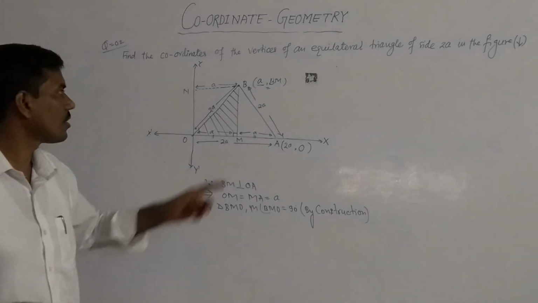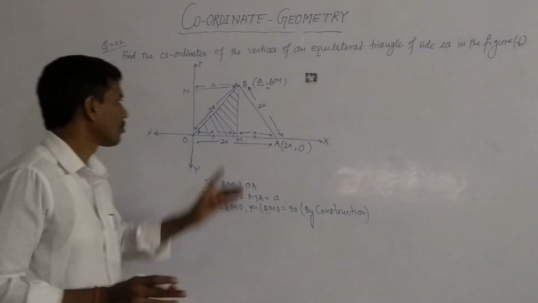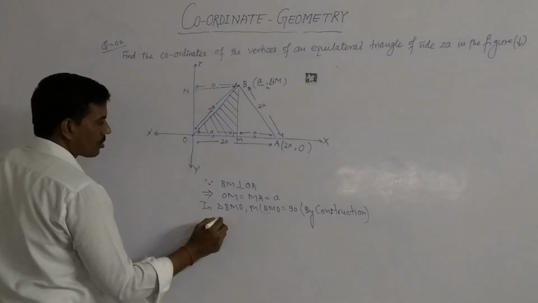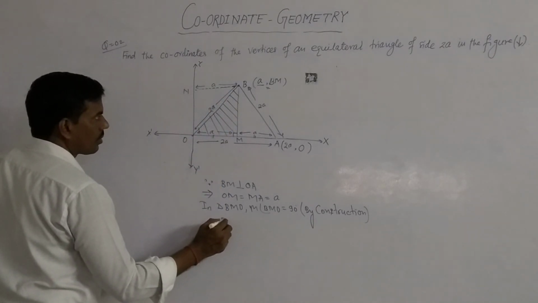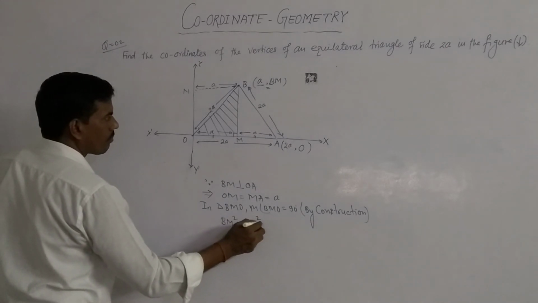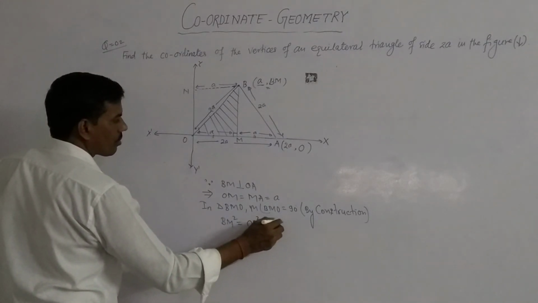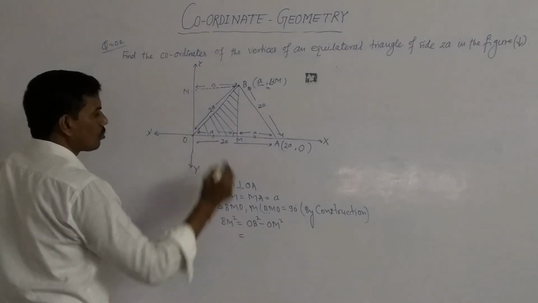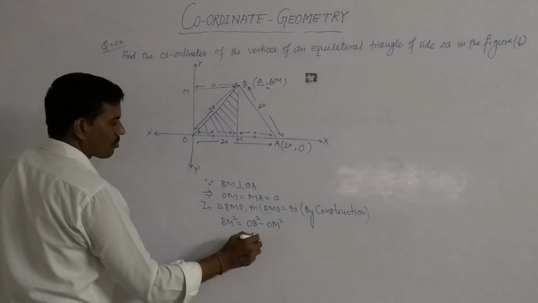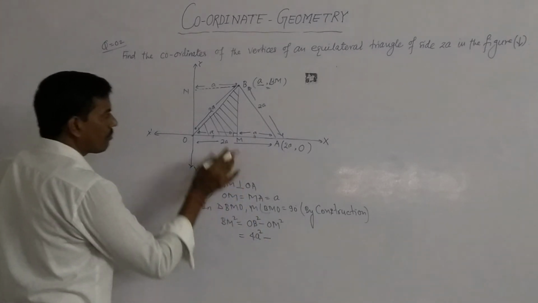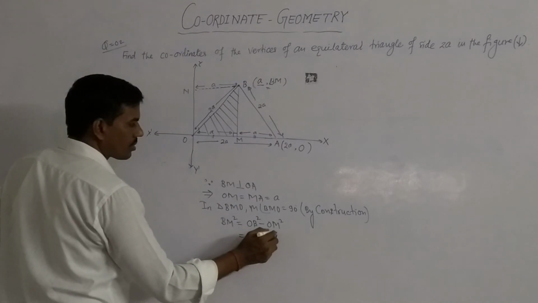So in triangle BMO, BM square is equal to OB square minus OM square. OB is 2a, squaring gives 4a square, minus OM square, which is a square.